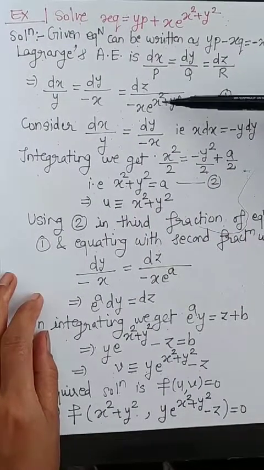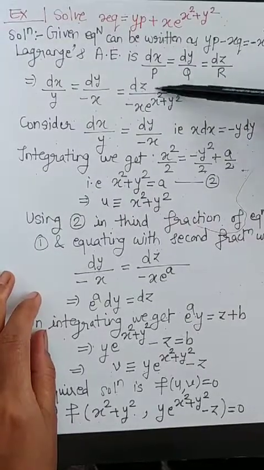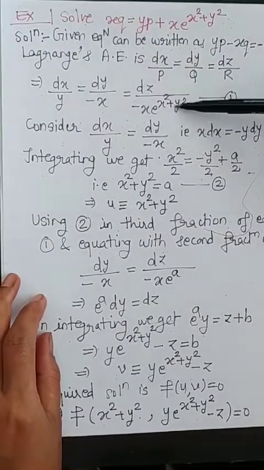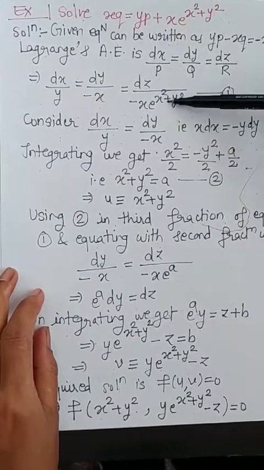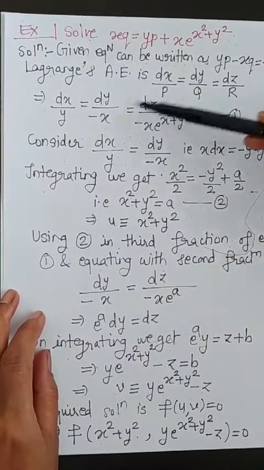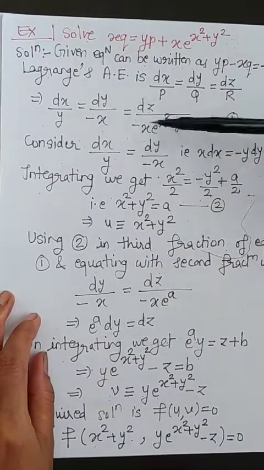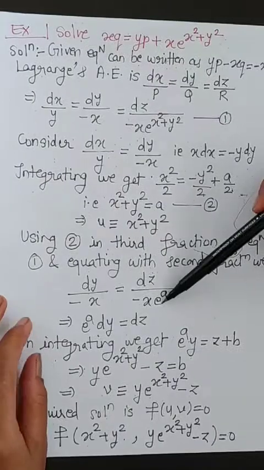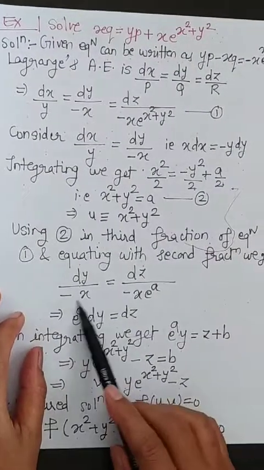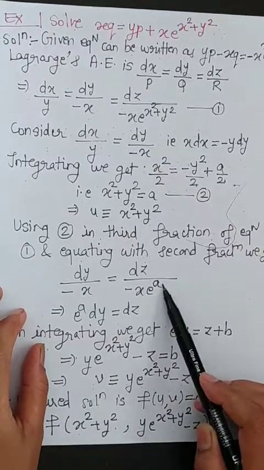So what we do here, again x square plus y square equal to a is there. We put this as a in the third fraction and equate with any one of the pairs, either with the second pair or with the first pair. So I am equating it with the second pair. So dy by minus x is equal to dz by minus x e raised to power a.